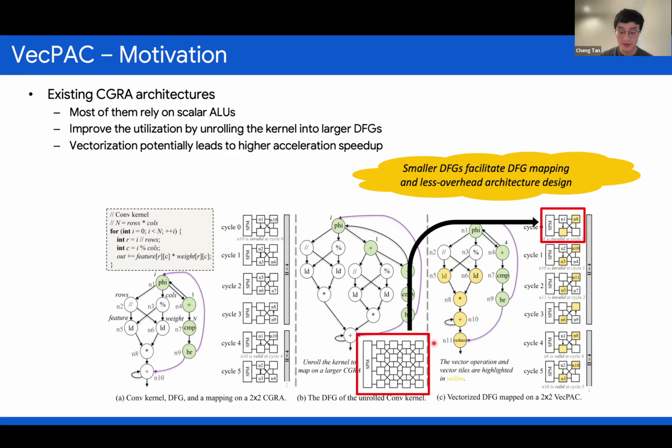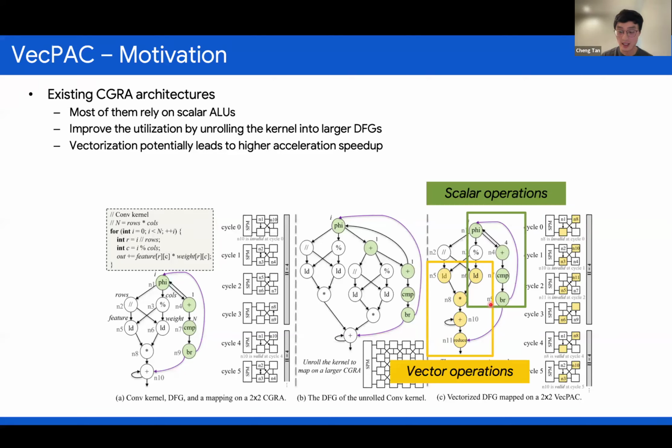And in this way, we don't need a larger CGRA fabric, but still keep the smaller size in terms of scalability. But note that this time each tile can perform SIMD operation, right? Not the scalar operation anymore. So overall, the size may be still similar for this 2x2 and this 4x4. But here we can see that after applying the vectorization, there are two types of operations. One is vector operations, the other is scalar operations.